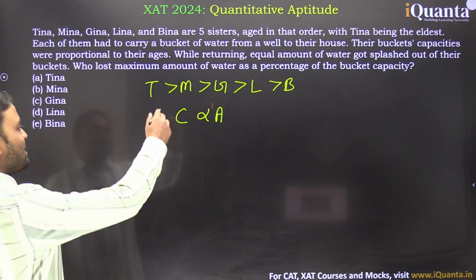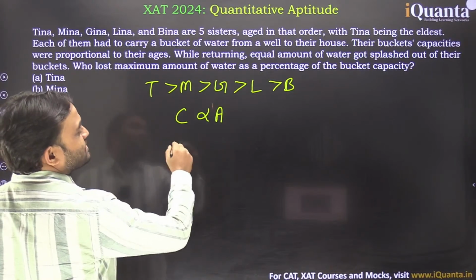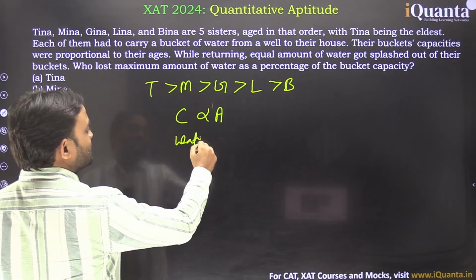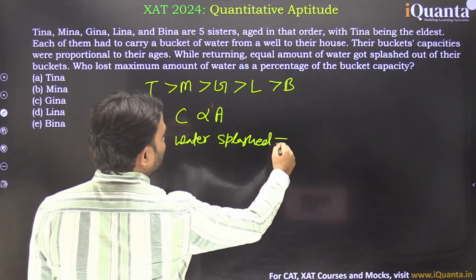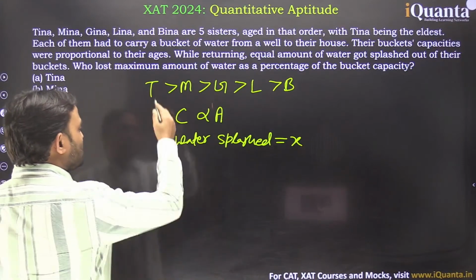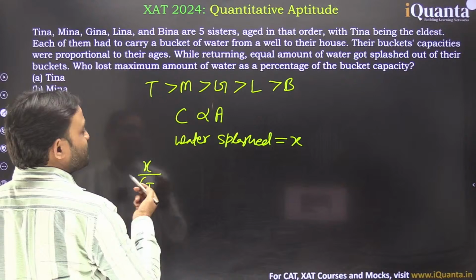So let's say bucket capacity is CT, CM, CG. So lost water splashed is equal to, let's say, x. So the ratio will be x upon capacity of T bucket.